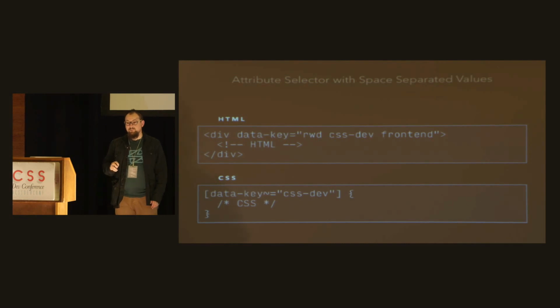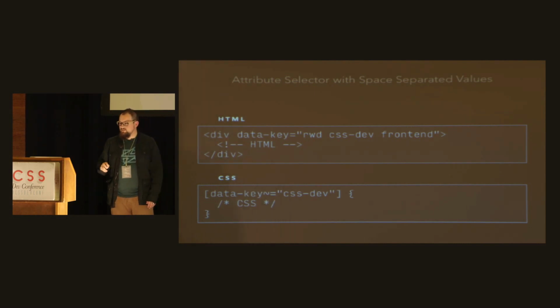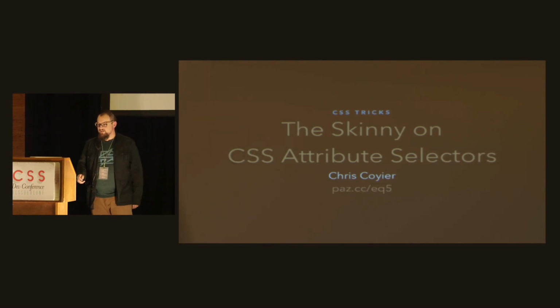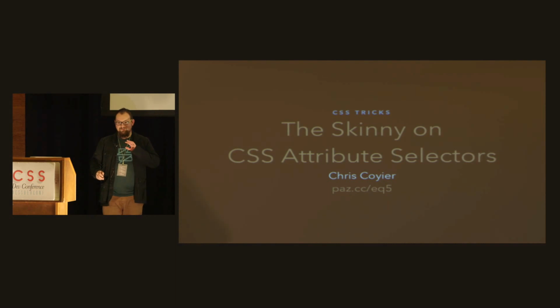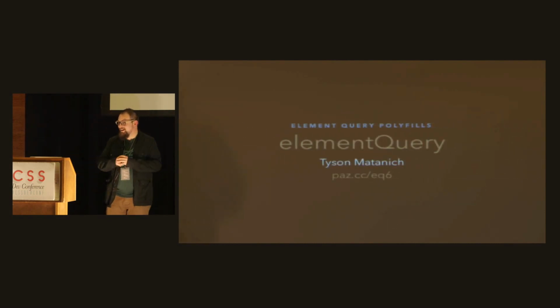That's the big one that a lot of these polyfills use: they add a string of values to a data attribute, and then those are called upon in the CSS. To get further on attribute selectors, Chris Coyier put together a very nice rundown on CSS-Tricks, because you can go way deeper on CSS attribute selectors, and I probably could have had a talk on that. All right, enough of the tangent.